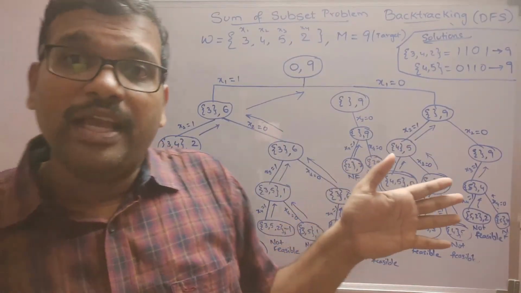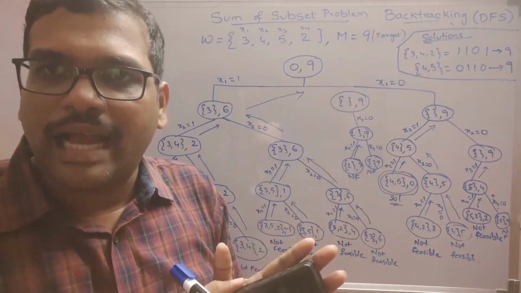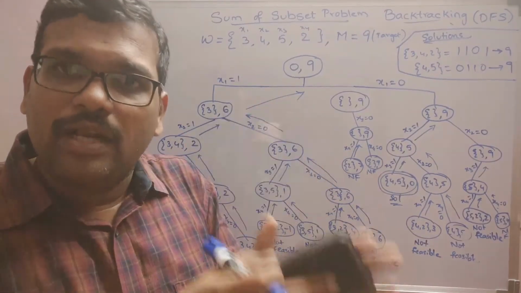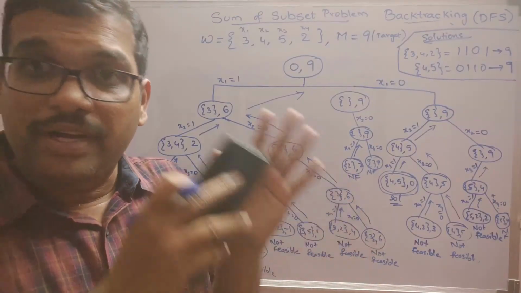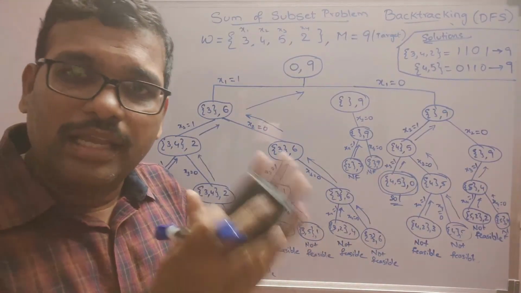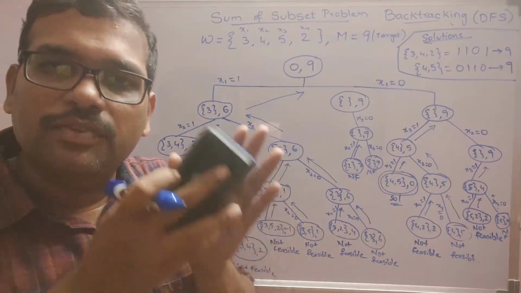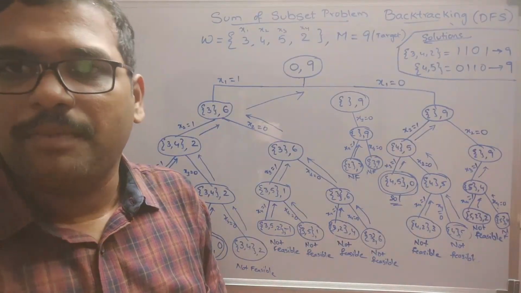That means we can add one more element and check the total sum with the target sum. If it is equal, then we can stop and consider that as a solution. And if it is not equal and it goes beyond the target, then obviously we have to stop, backtrack, and select the alternate path.